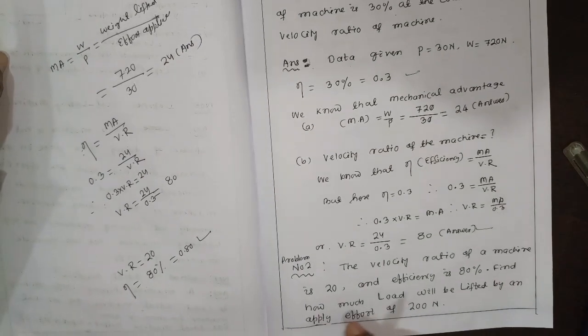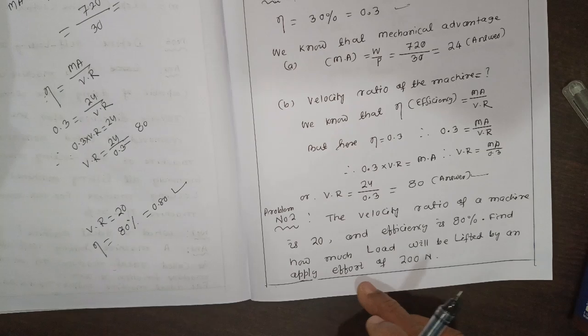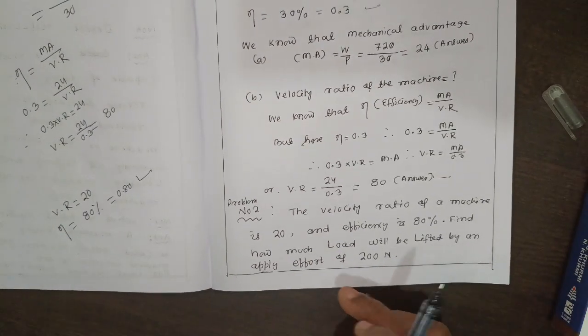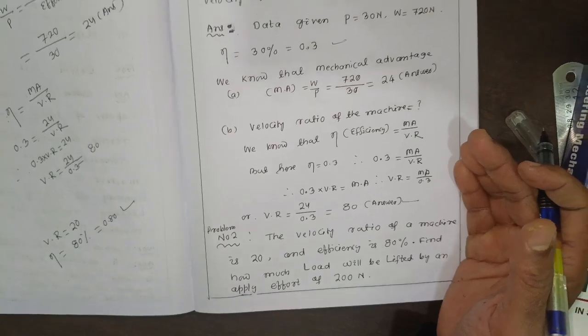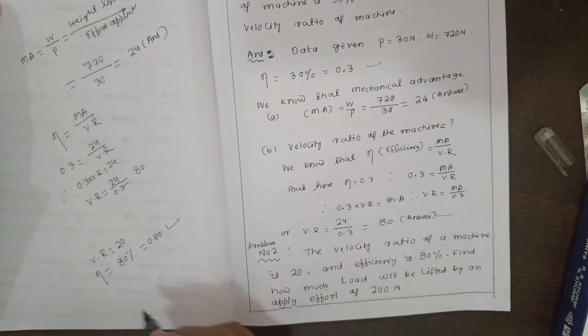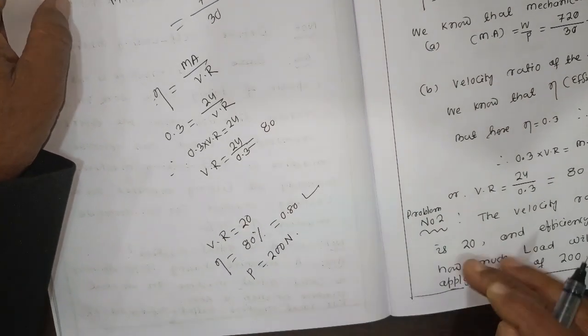Find how much load will be lifted by an applied effort of 200 Newton. That is P is equal to 200 Newton.